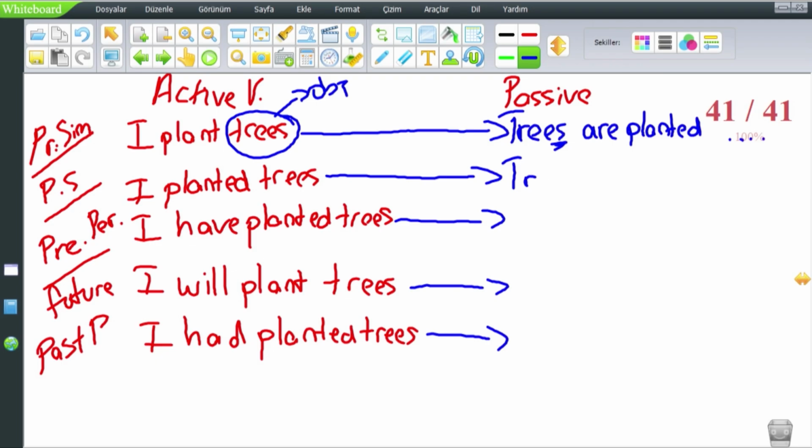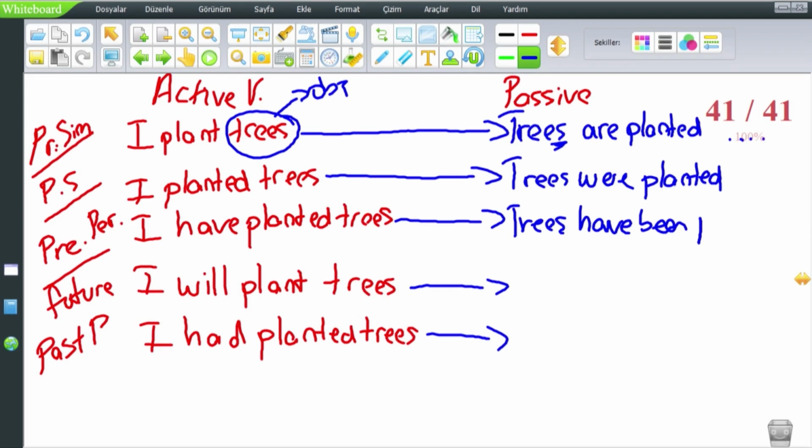Trees were planted in past simple. In present perfect, trees have been planted. Future: trees will be planted.